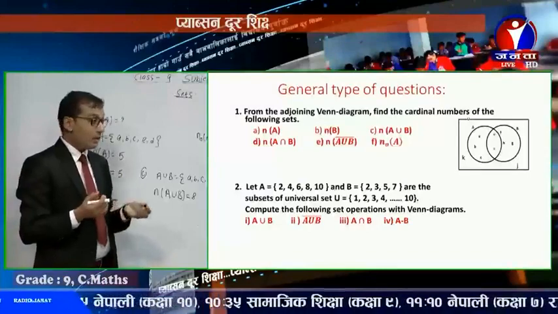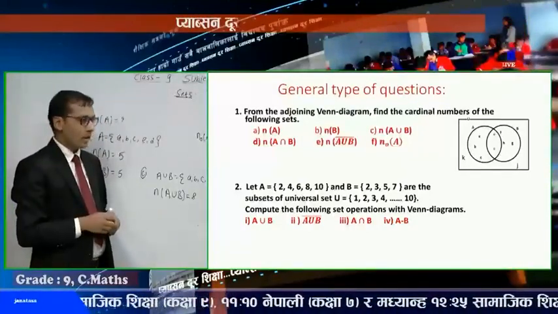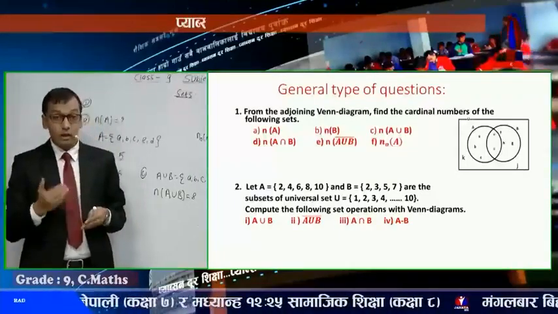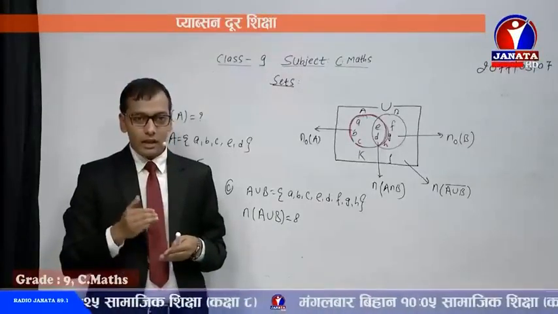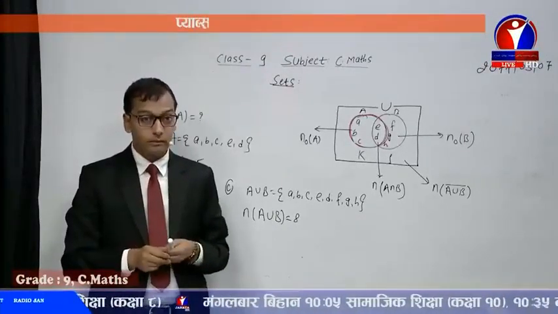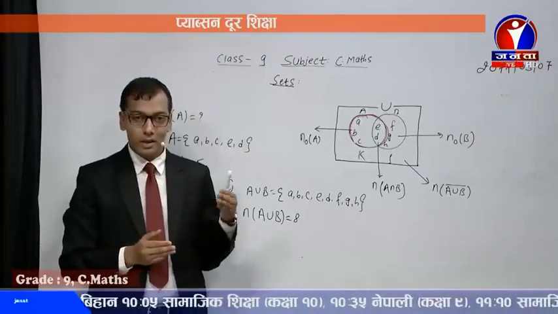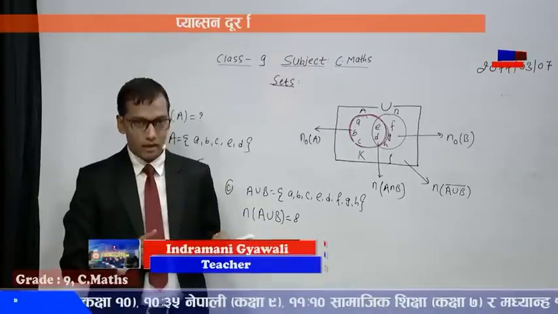Okay, so we are about at the end of the class because time is limited. Let me just recall today's class. Today, I discussed the different set operations, and at the same time, I also discussed the cardinal number of a set.